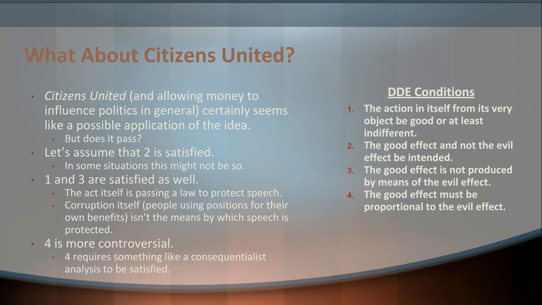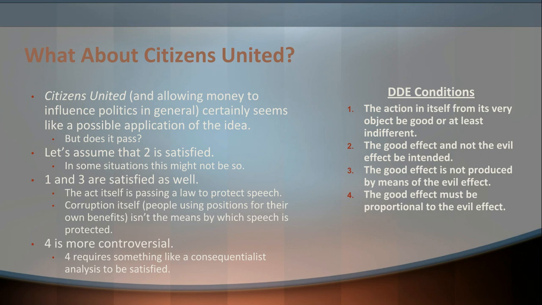So the decision of Citizens United, allowing more money to influence politics in general, seems like the sort of thing that can at least have this idea apply to it, because it's a single action, removing the restrictions on corporate financial donations to elections, which is not the exact terminology. It's removing limitations on electioneering communications and donations by corporations.